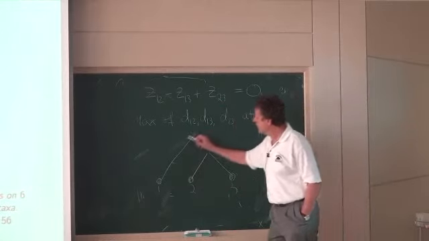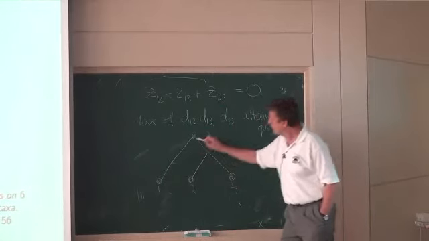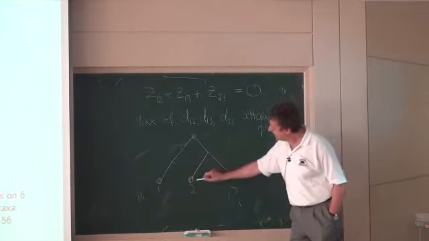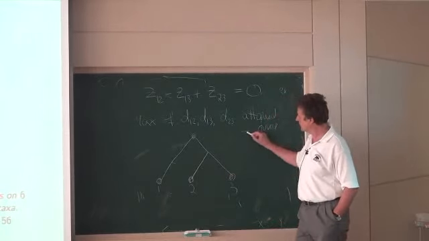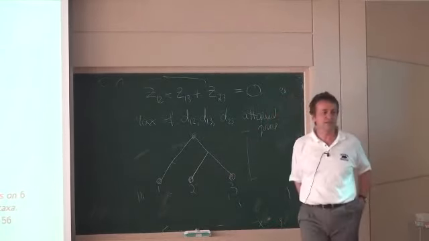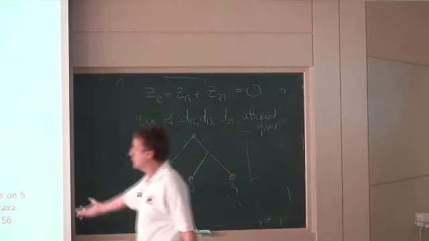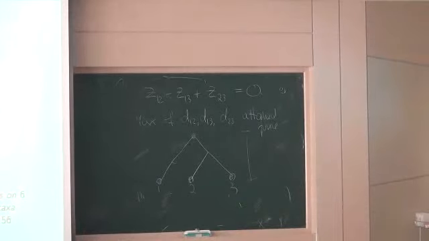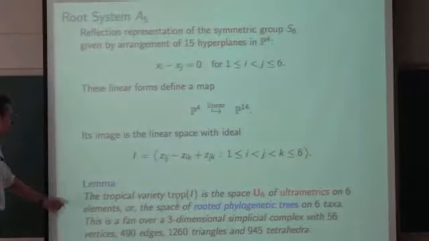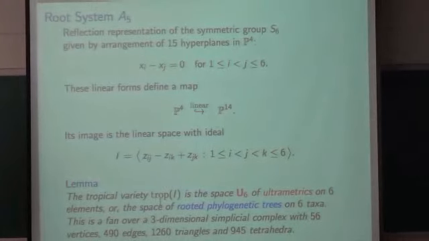The distance from 1 to 2 equals the distance from 1 to 3 and exceeds the distance from 2 to 3. So this is some fixed length. This is a rooted phylogenetic tree, and it's the space of trees. So we see that the tropical variety is the space of ultrametrics on 6 elements, or the space of rooted phylogenetic trees on 6 taxa.